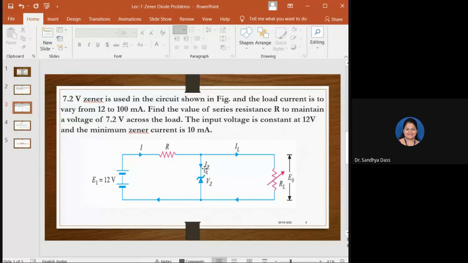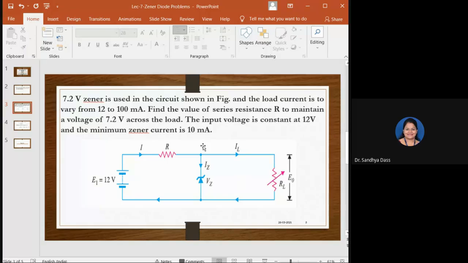This maximum Zener current should be within the maximum limit specified by the data sheets, where the maximum power dissipation is always specified. Maximum power dissipation indicates the maximum power that can be withstood by the device. It should not cross the specified value. All these are prerequisites to solve this problem. I hope it is clear at this stage.